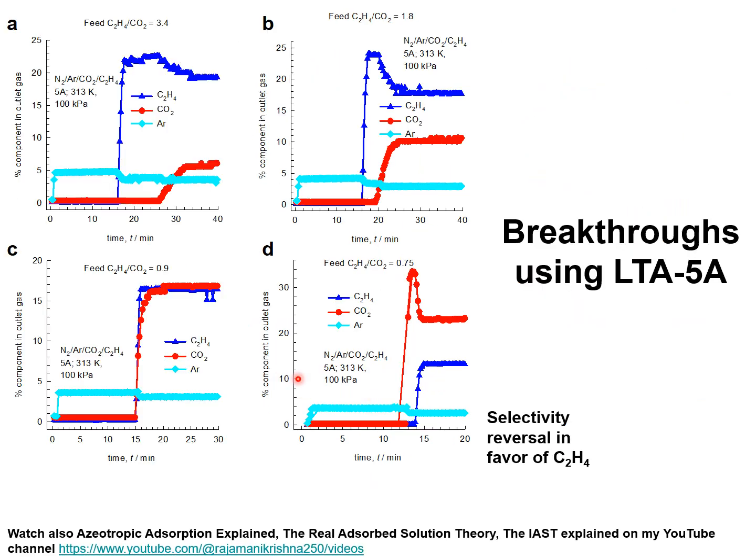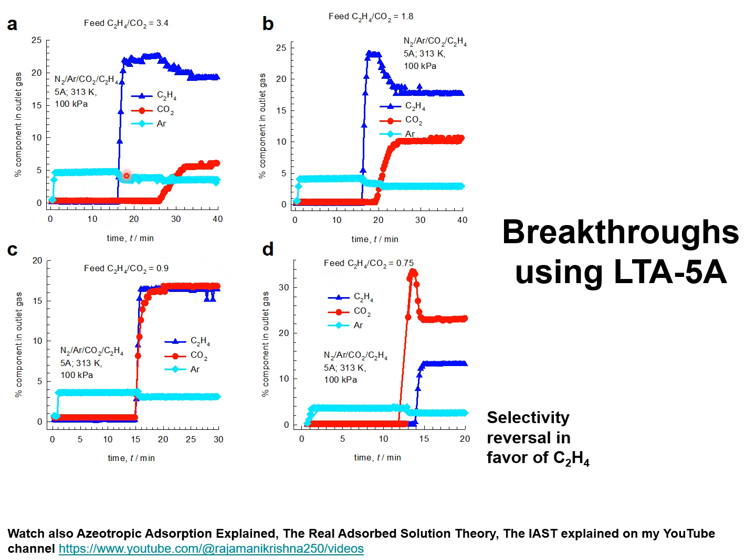The breakthroughs with LTA5A zeolite have a strikingly different characteristic. Here I show the experimental breakthroughs for four different feed compositions in which the feed ratios of C2H4 to CO2 is maintained at 3.4, 1.8, 0.9 and 0.75.